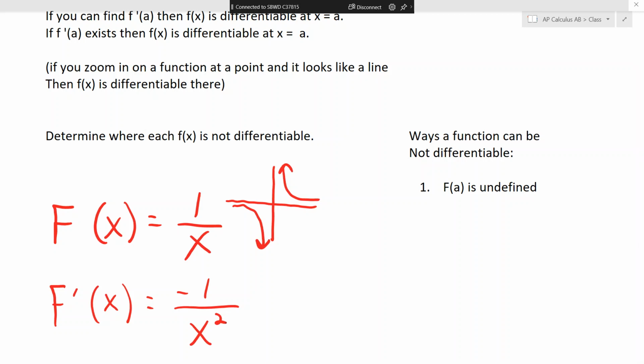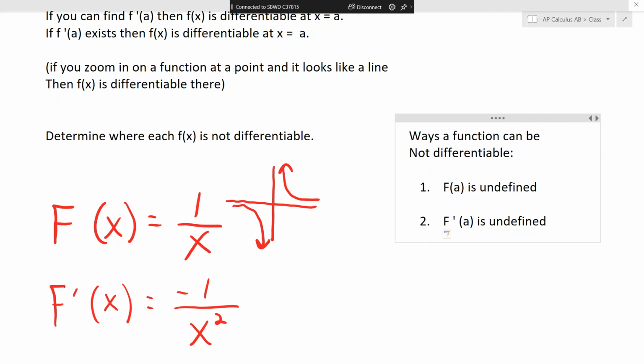You literally cannot find f prime of 0. It doesn't exist. So we'll add that as our second way, even though they're kind of the same thing in this case: f prime of a is undefined also. They could be separate, there could be different things happening there. I'll show you an example in a second.